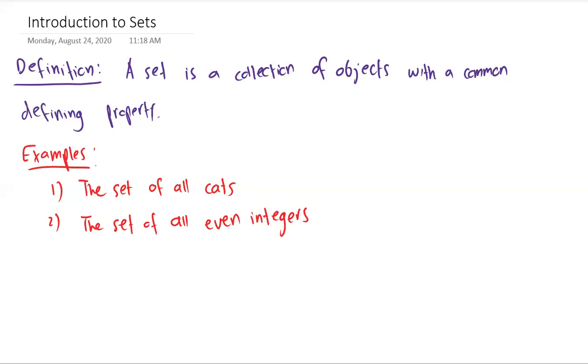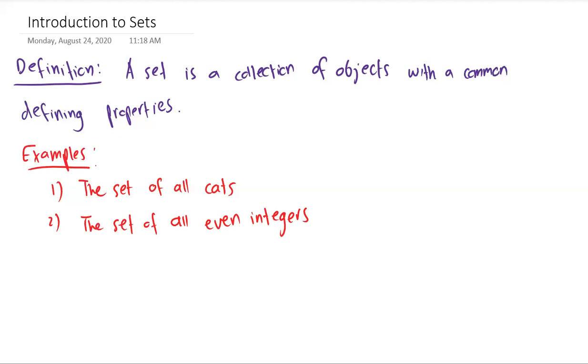So again, you have a collection of objects with defining properties. It could be more than one. Here, for example, you have a set of objects with a couple of properties: first of all, they're numbers, they're integers, and they're even. So we have three defining properties for this collection of objects.